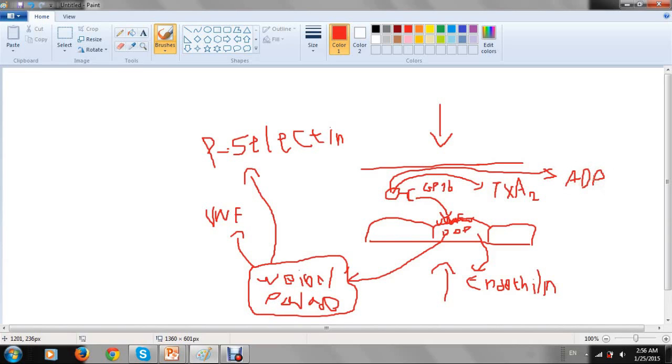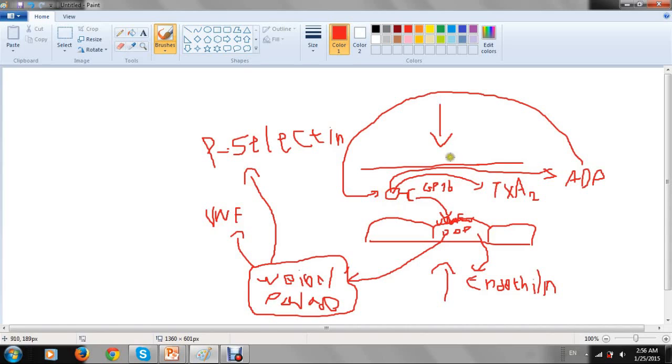Now, the job of ADP is to stimulate through autocrine stimulation. Autocrine stimulation is when something releases its own molecule, which stimulates the thing that released it.